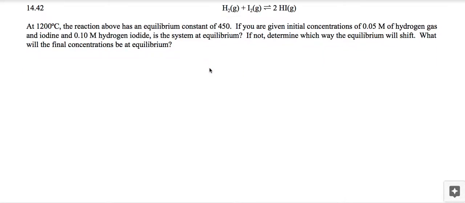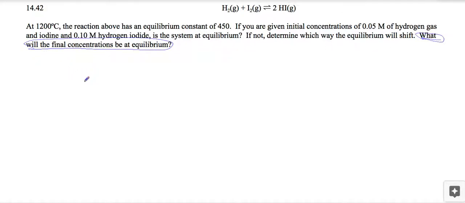Number 42 is another problem here that's kind of the same concept, only at the end. If we look at this last line, it says, what will the final concentrations be at equilibrium?